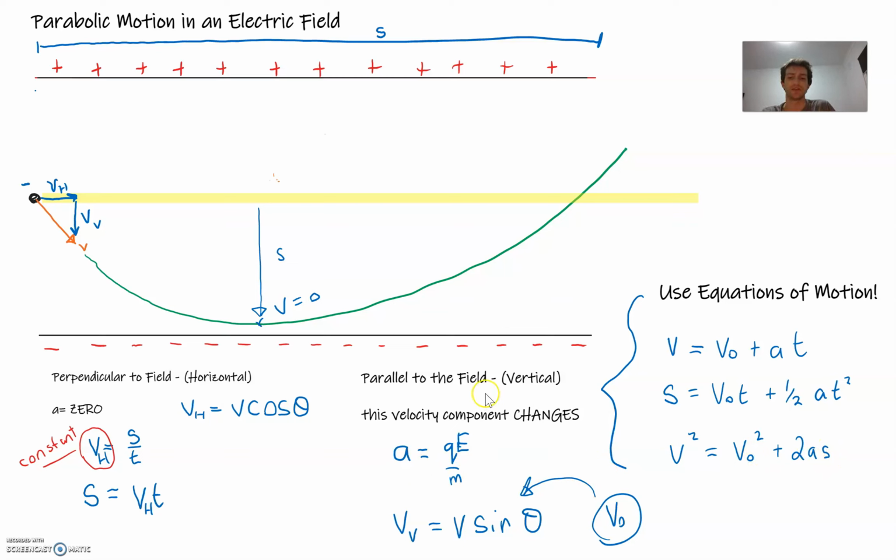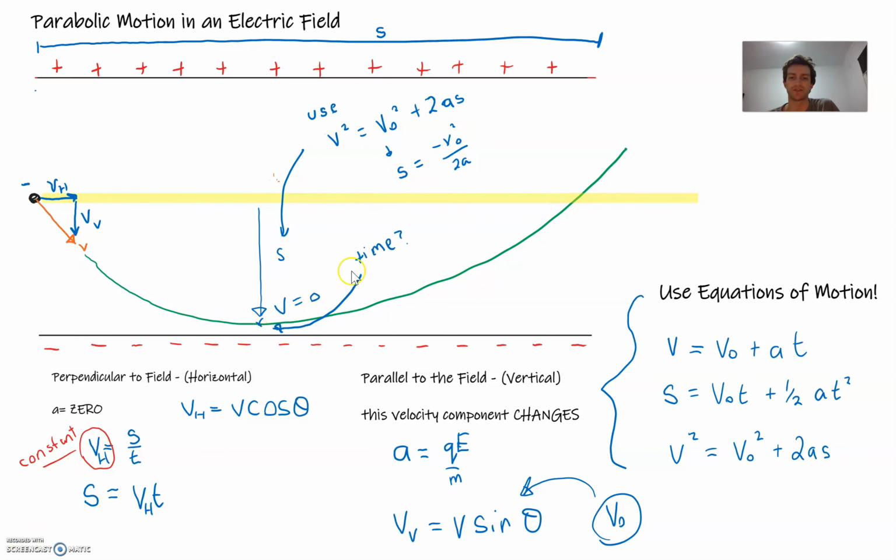This last one is really useful for calculating a displacement to some kind of max or min point in the path of the charged particle. To calculate this value straight away, without needing to do anything else, if we substitute the fact that v is going to be 0, we end up using this equation here.